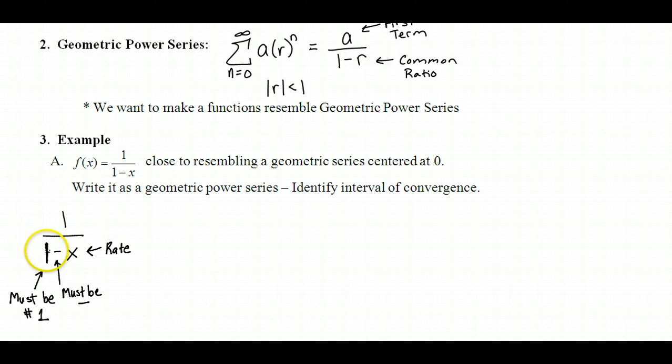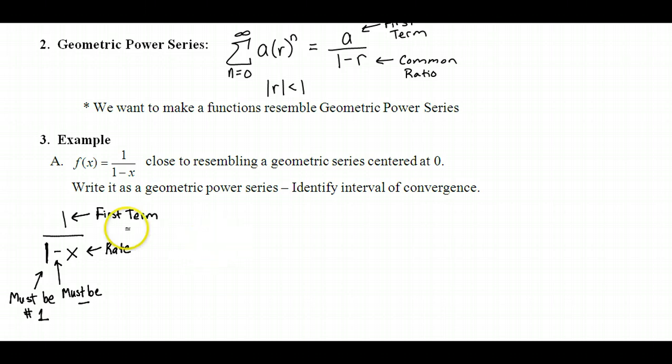So in the denominator, you have to see the number 1. You have to have subtraction. Then you can have this x, and there can be a coefficient in front of it, and that's going to be pretty common. Then our numerator has to be our first term, and it definitely doesn't have to be the number 1.